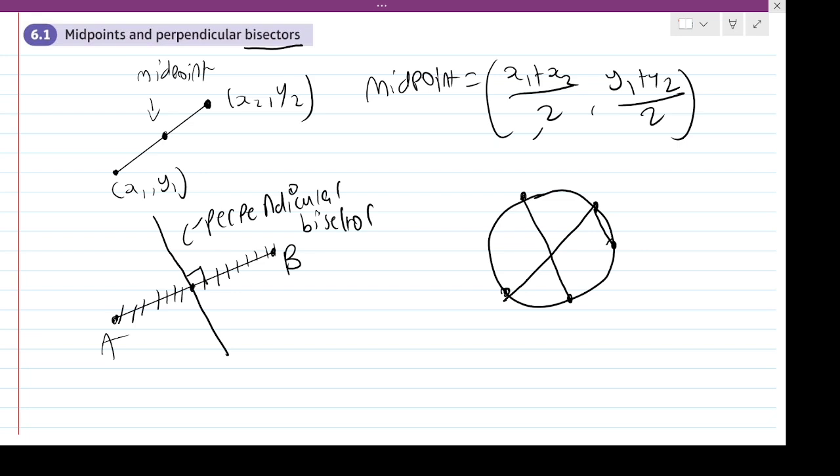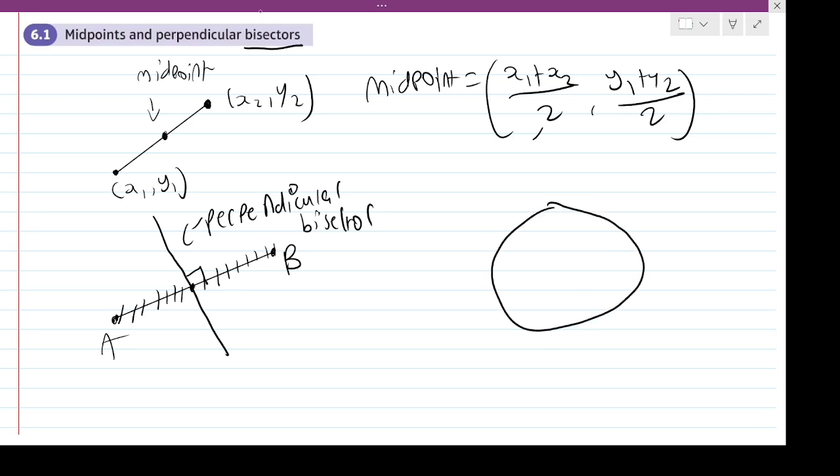It's not necessarily a diameter, because a diameter passes through the center, but a chord simply connects two points on the circle. That's simply it. And so why do I bring this up? Well, let's get rid of all this and draw another generic chord in a circle. Let's say we have this chord here.